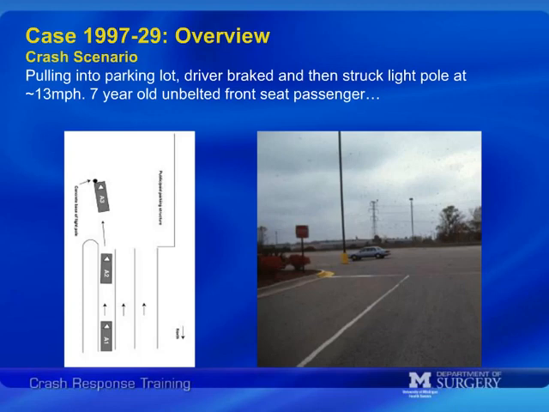Now, unfortunately, in this case, there was a 7-year-old unbelted front seat passenger. So you can imagine what happens. You have an unbelted child that's sitting there. When the driver brakes, this child has nothing to really hold him back, so starts sliding forward, which puts them in very close proximity to the airbag.